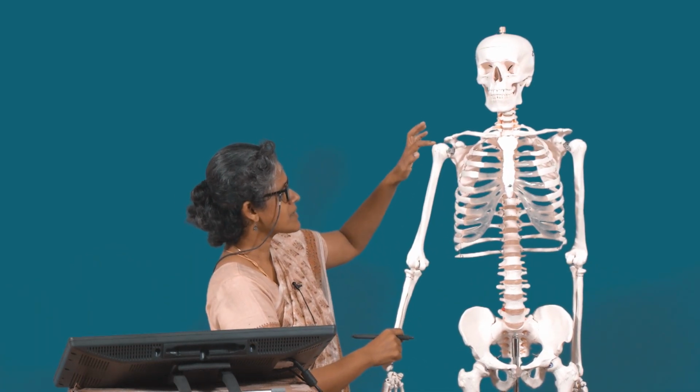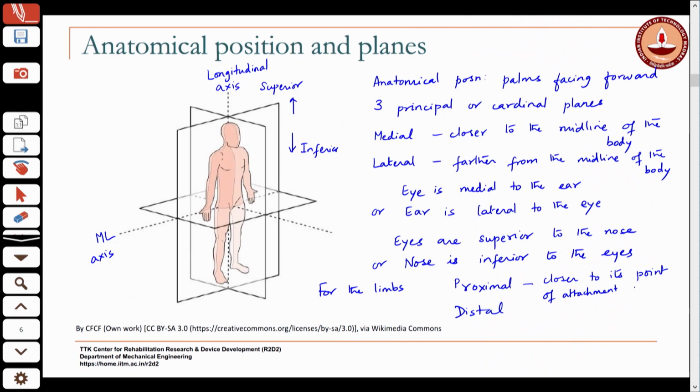So, when we talk about the limbs, we talk about things that are proximal or distal. Distal is when it is farther from the point of attachment.